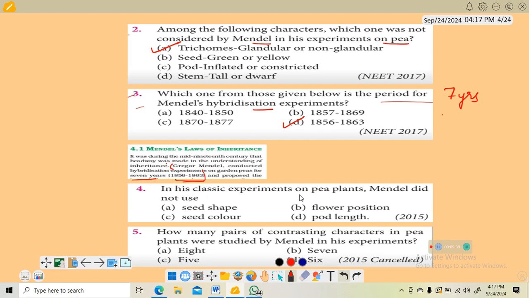Next is, in his classic experiments on pea plants, Mendel did not use... Seed shape we know, round and wrinkled, seed color yellow and green, flower position axial and terminal, pod color is there.